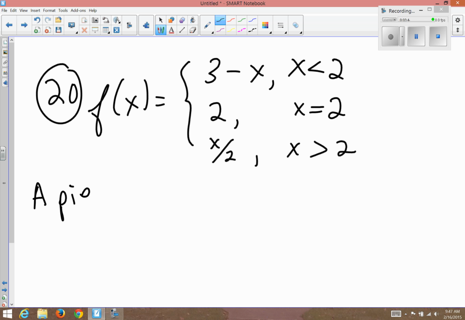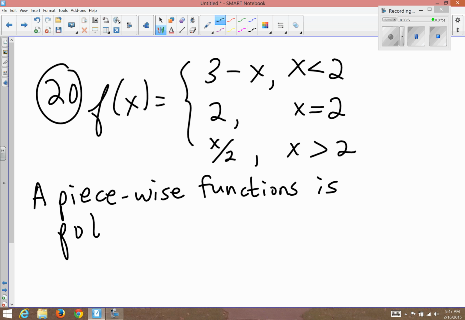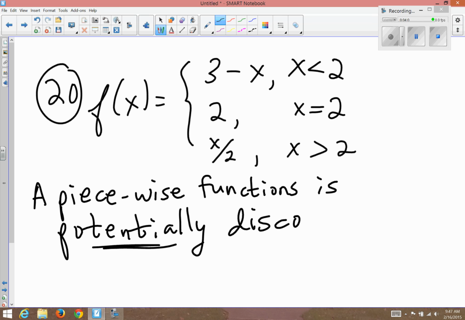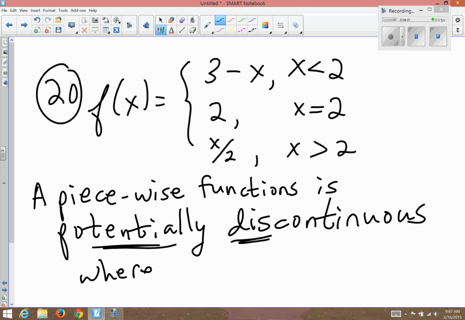A piecewise function is potentially discontinuous where it splits.